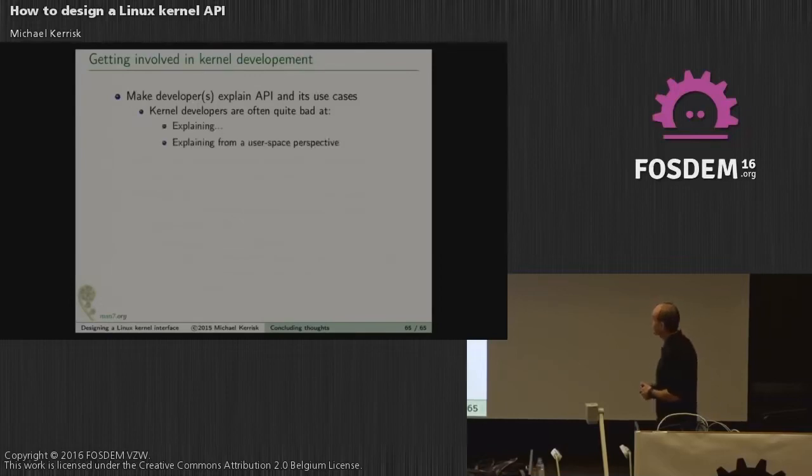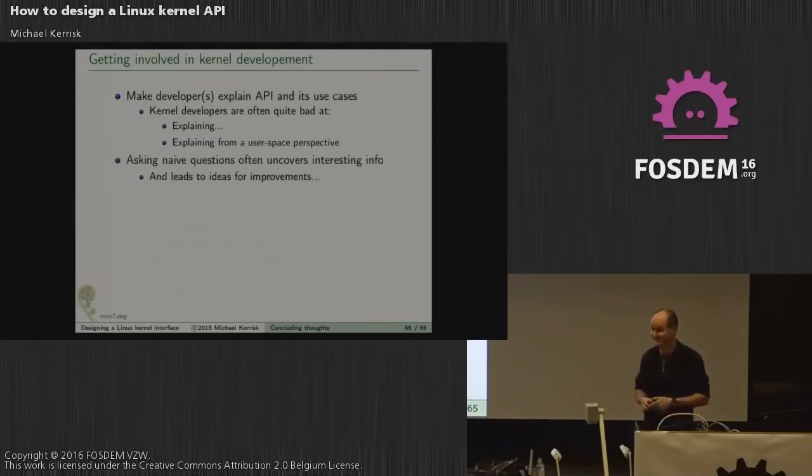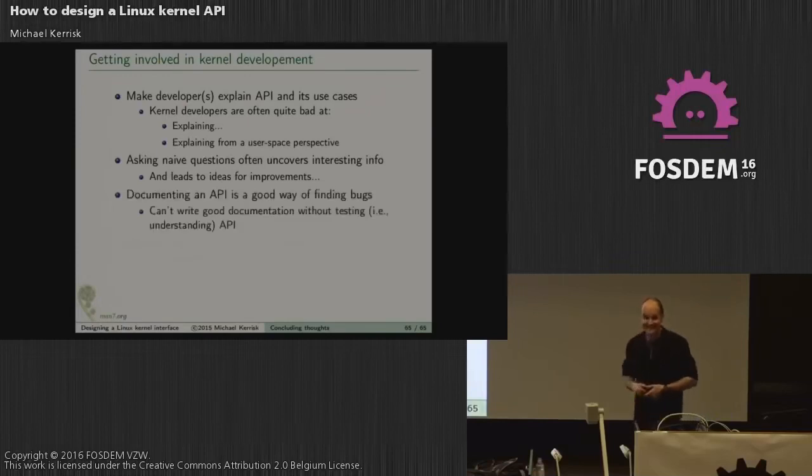Things that you can do: make kernel developers explain what they're doing. Kernel developers, it turns out, are often pretty bad at explaining. And if you just make them explain at more length, you find out interesting things about their APIs, and often ways to suggest improvements.